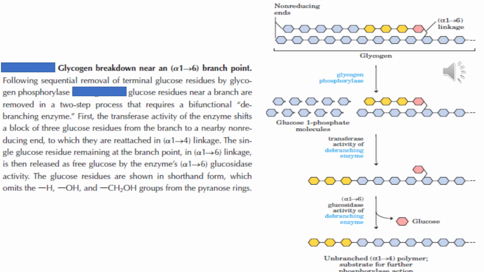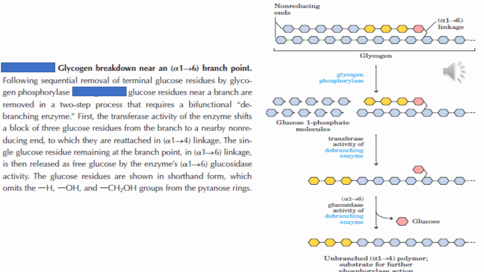Look there in the figure, 3 yellow colored glucose residues are removed and added on to the lower chain. Now the lower chain is longer and the pink colored glucose is remaining there, which is bonded to the other glucose by means of an alpha-1,6 linkage.